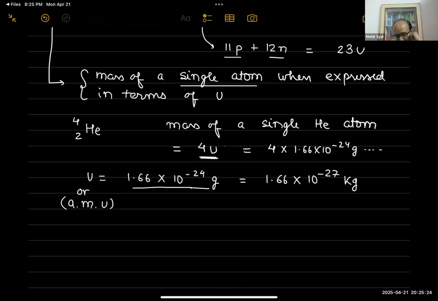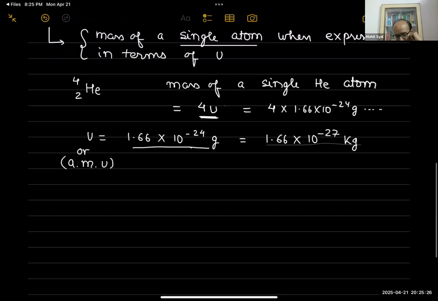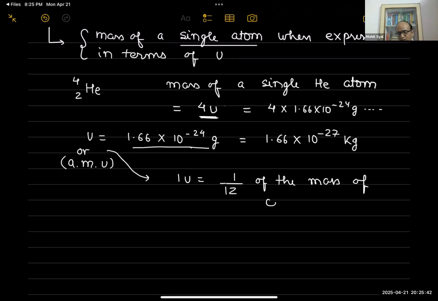So this is 1U, and IUPAC says 1U is 1/12 of the mass of carbon. This is the IUPAC definition.